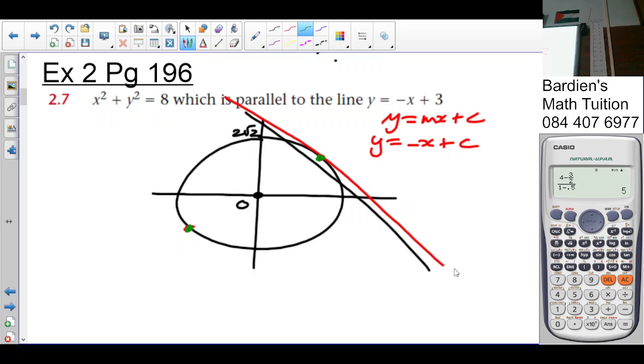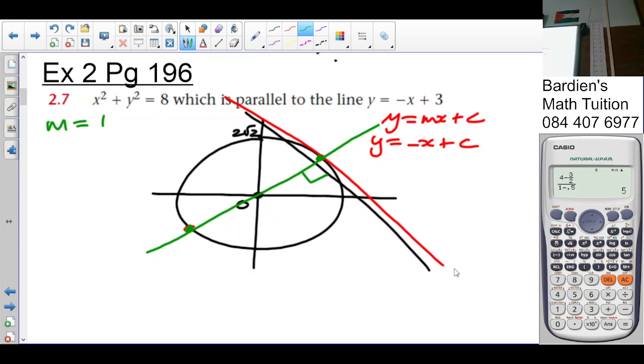okay, what I'm going to do is, I'm going to draw a line perpendicular to the known line. If it's perpendicular, what do we know? It's 90 degrees, yes? But we know the gradient of that line. So this gradient of this green line is equal to 1.